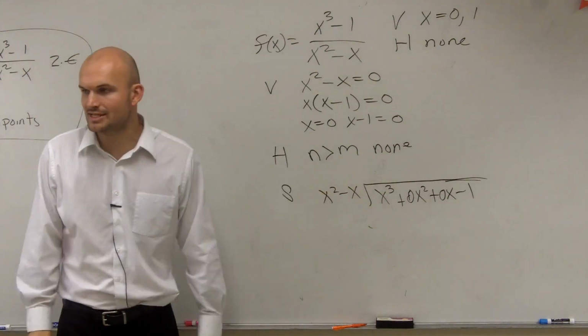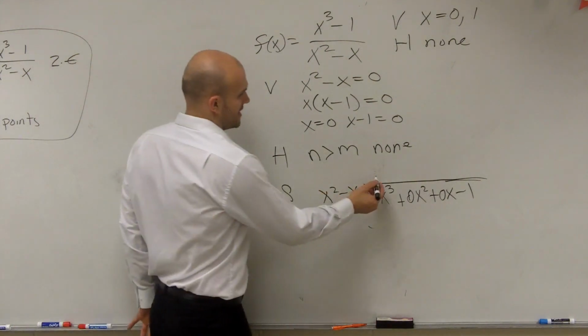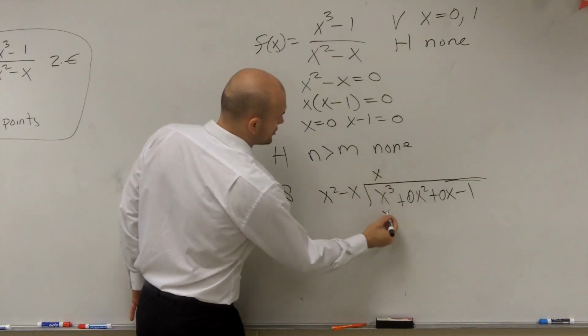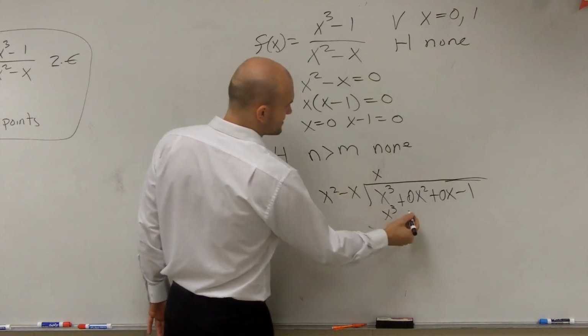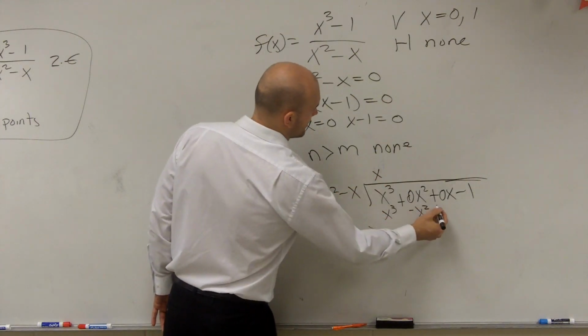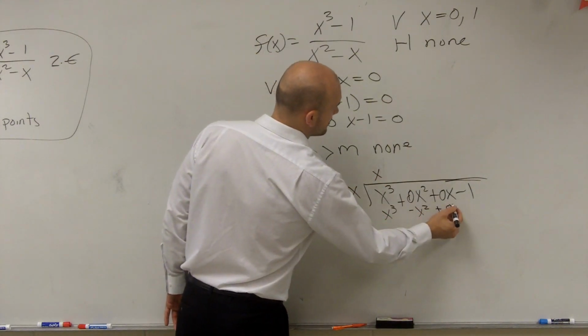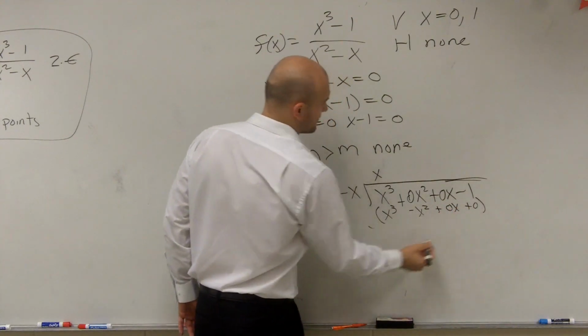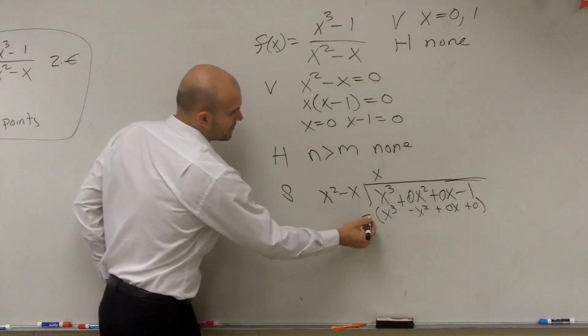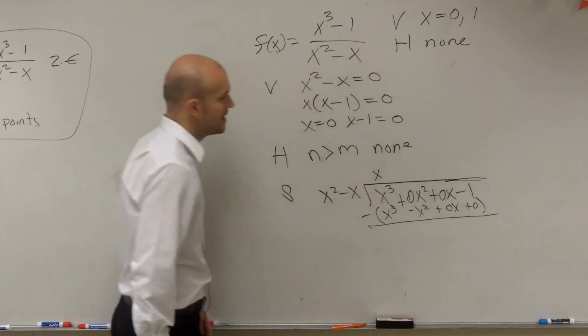So x squared goes into x cubed how many times? X times, right? Multiply, you get x cubed. X times negative x gives you negative x squared. And then we could do plus 0x and then plus 0, because we don't have terms there. So we subtract the top from the bottom.